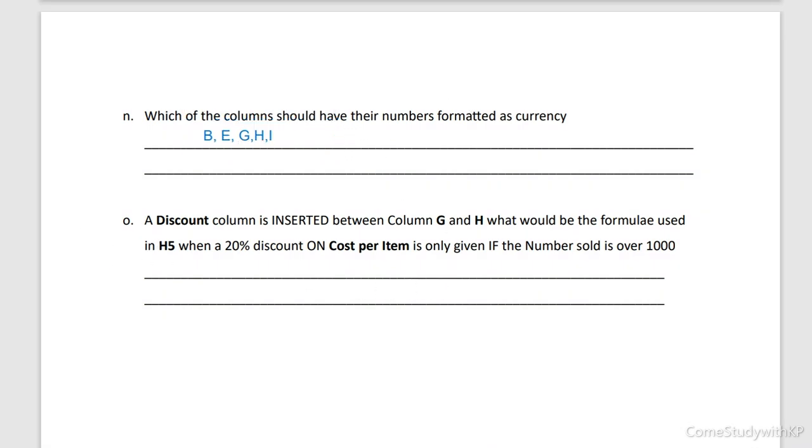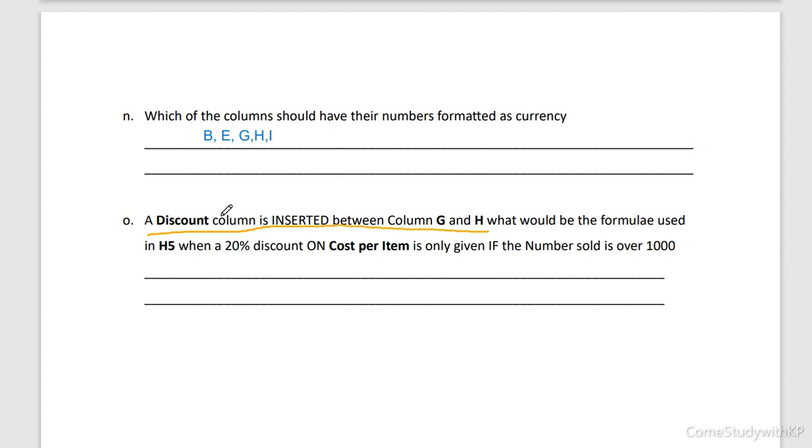Last question for this. So let's see if we understand what is going on. A discount column is inserted between column G and H. Break up your question when you're reading it. Make sure you understand.